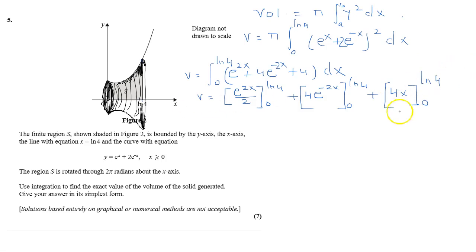You have to be very careful about the limits and the values.